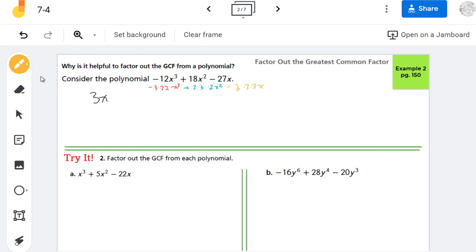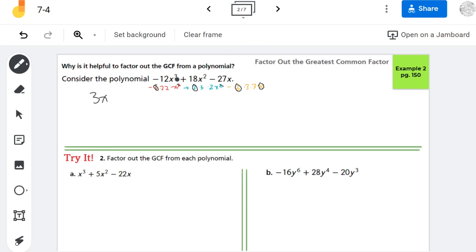So that 3x, I just mentally showed you how to walk through this. We found the 3 in all of these. And we found the x in all of these, at least one of the x's. But see how there's only 2's here and 3's there, so nothing else matches.